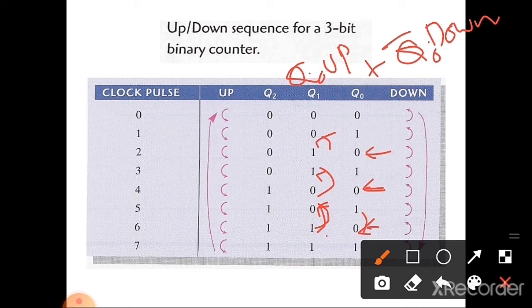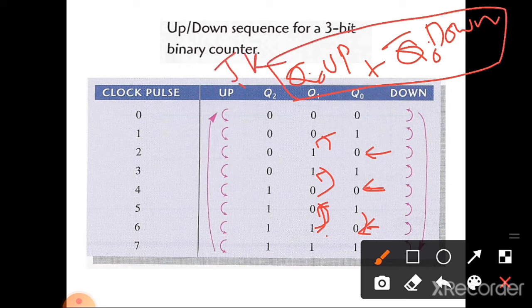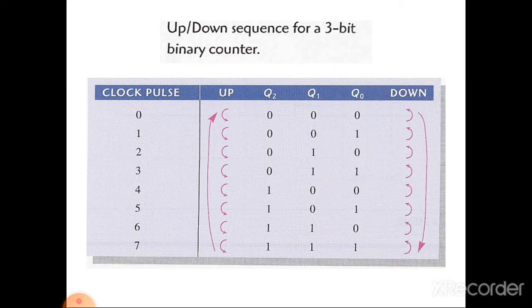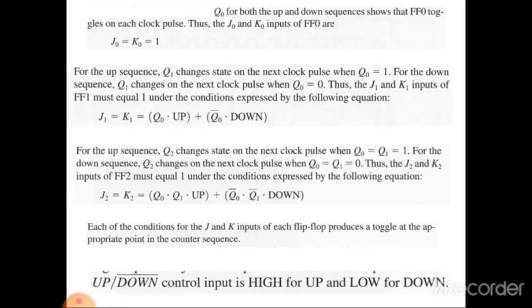So this will be the equation for the J and K values. J1 and K1 become Q0 into up plus Q0 bar into down, because Q1 changes for an upward sequence on the next clock pulse when Q0 is equal to 1.